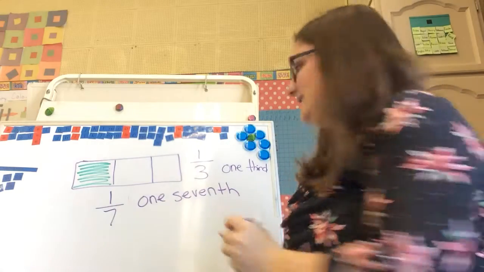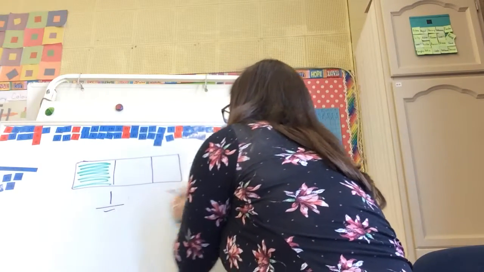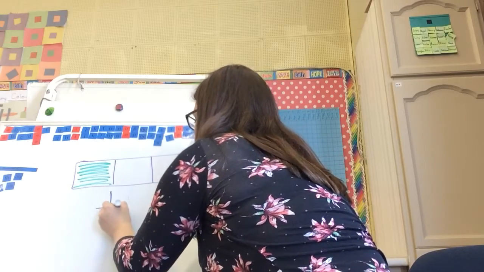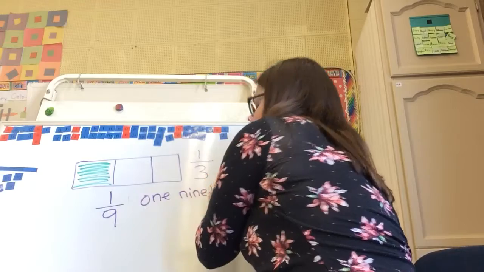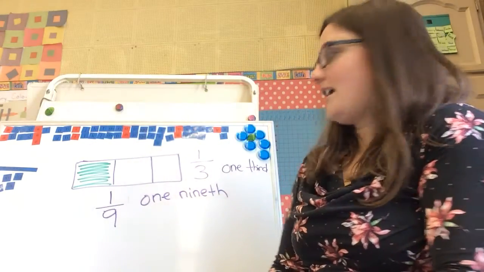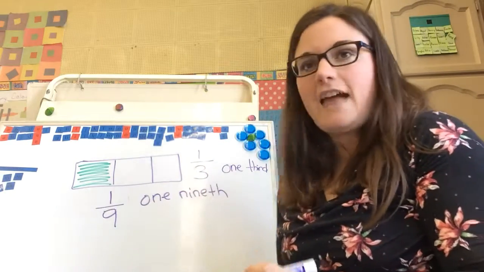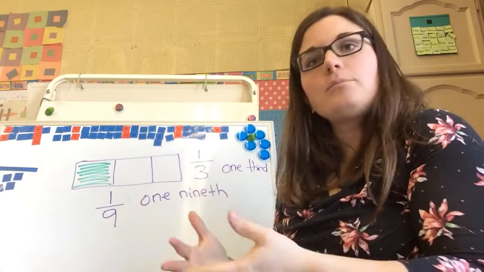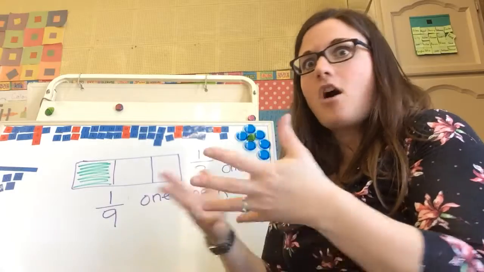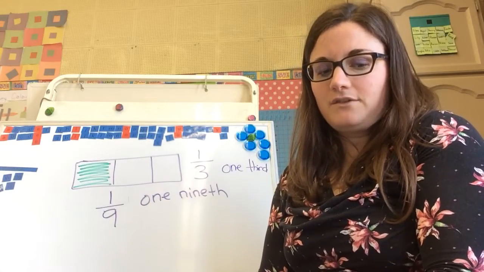We did 1/8. I can also do 1/9. Okay, I could do 1/10, 1/11, 1/12, because pizzas, pies, chocolate bars, brownies can all be broken into a number of different pieces.